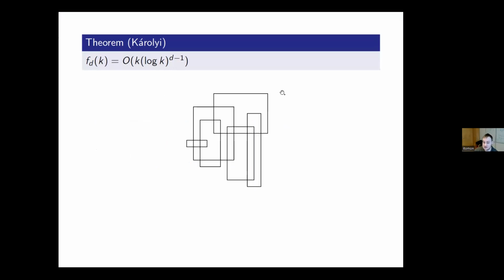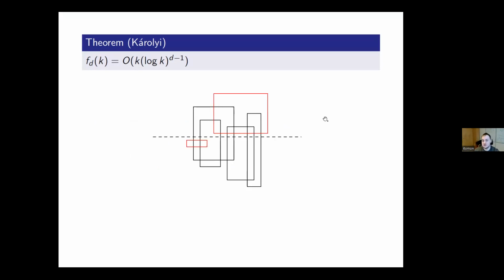Again, let's look at the same configuration we had before. Now the idea is the so-called divide and conquer argument, which is very widespread in combinatorial and computational geometry. If you have a problem, you want to divide it into smaller subproblems.